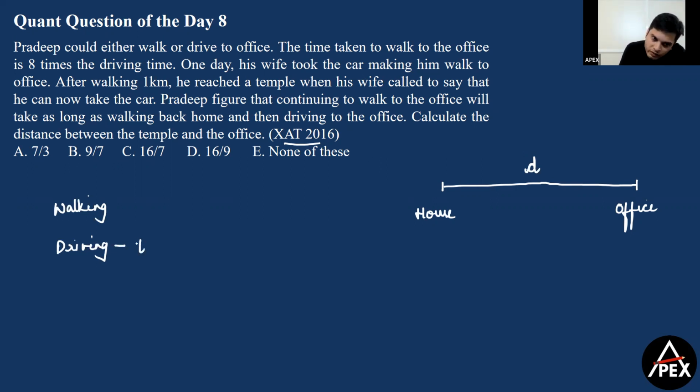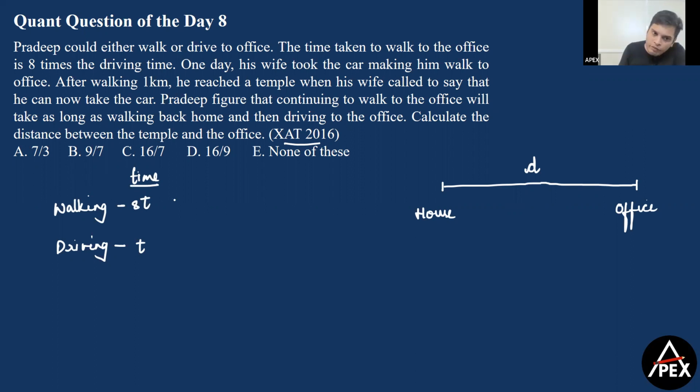So if I consider his driving time as T hours, the time he would take to walk to reach the office would be 8T. Now the distance is constant in both the cases, right? So when distance is constant, the speed is inversely proportional to time. So if the time taken is in the ratio of 8:1, can I say the speed will be in the ratio 1:8?